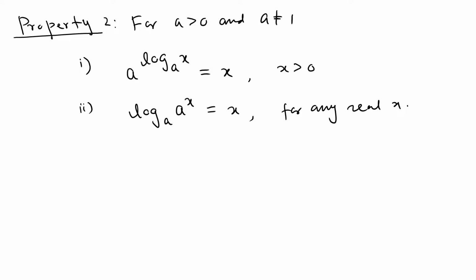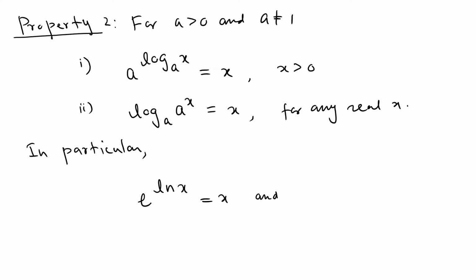These two are also very important, and in particular we have these important results. If the base a equals e, log_a becomes the natural log. So you can write the first one as e^(ln x) equals x. This is very useful when simplifying certain expressions, and also in a lot of proofs in calculus.